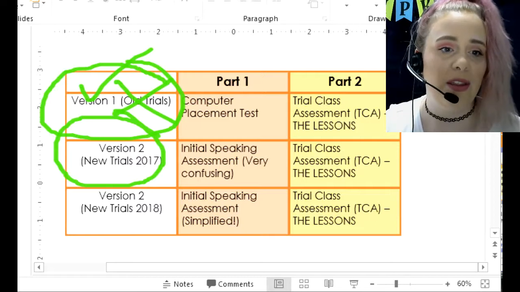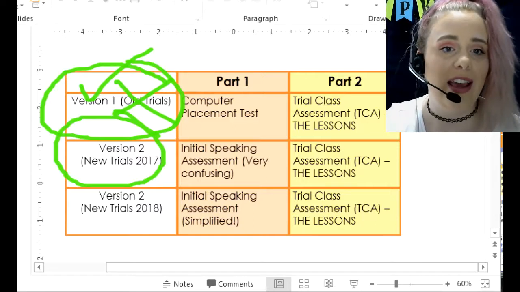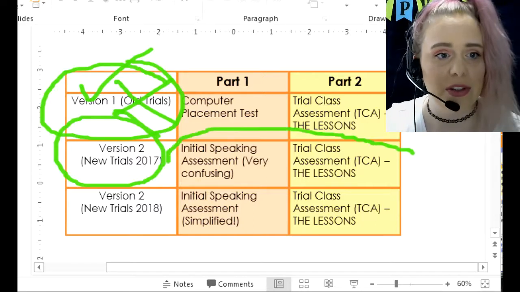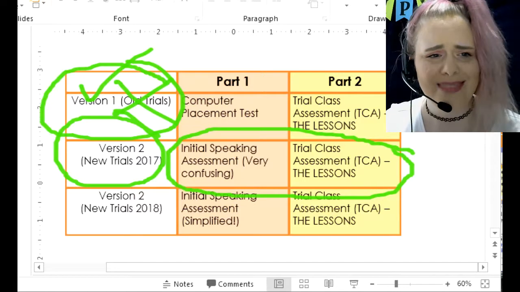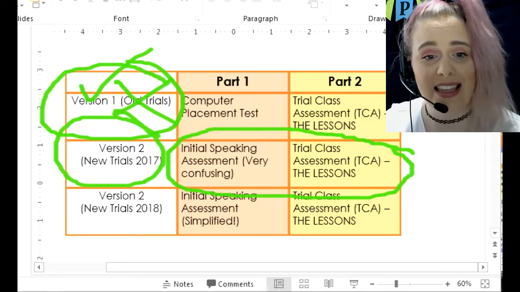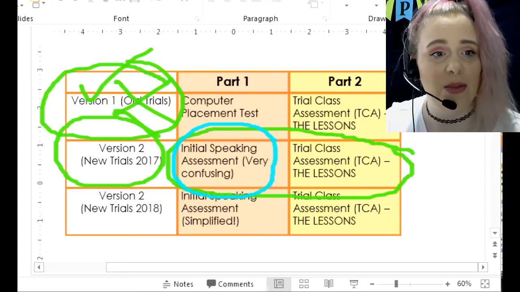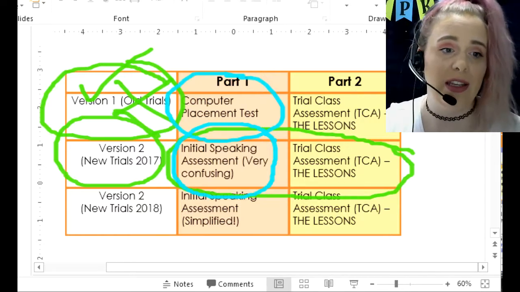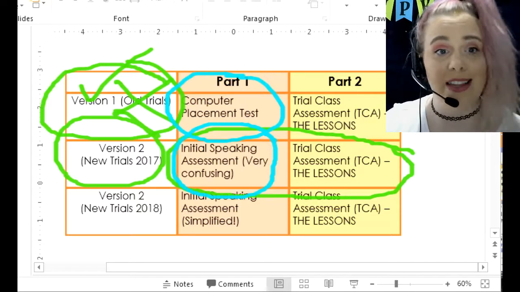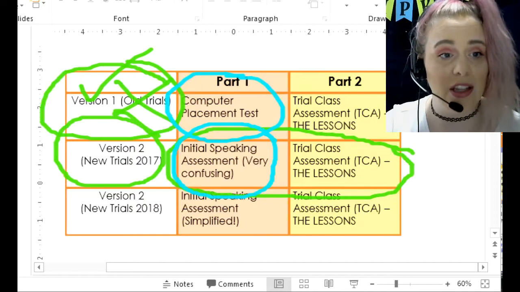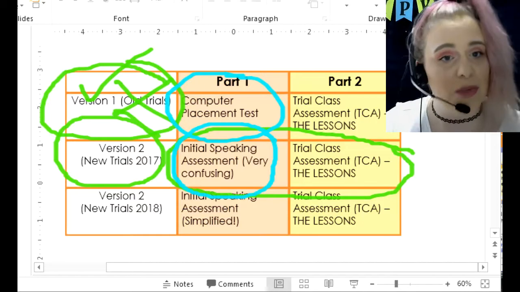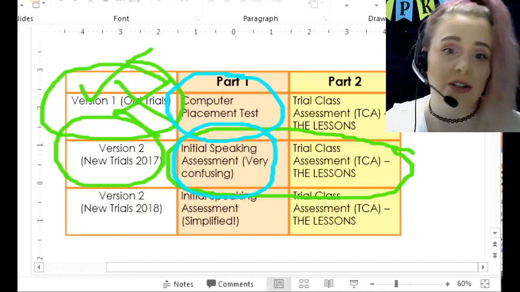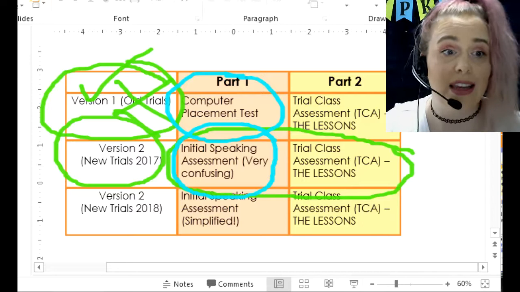So they came out with the new trials and it included two parts. The first part is the initial speaking assessment. Now, this is what replaced the computer placement test. So instead of having that computer placement test that hardly anybody took, now the teacher is responsible for assessing the student and determining a level right at the beginning.